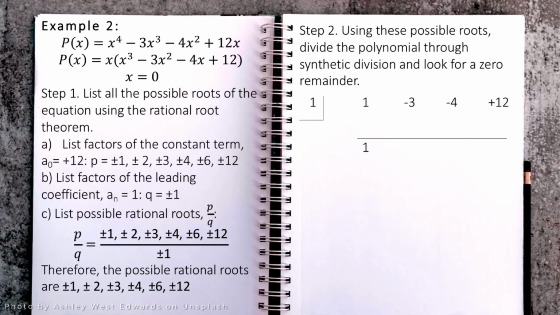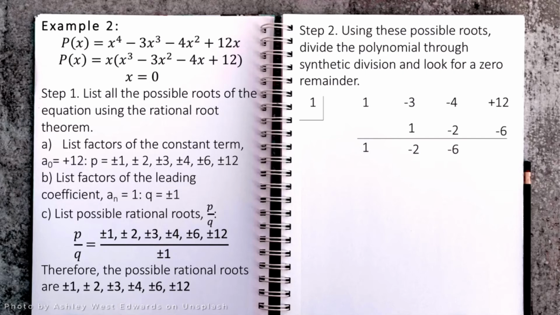And then multiply. 1 times 1 is 1. And then add. Negative 3 plus 1 is negative 2. And then multiply again. 1 times negative 2 is negative 2. And then add. Negative 4 plus negative 2 is negative 6. Then multiply again. Negative 6 times 1 is negative 6.